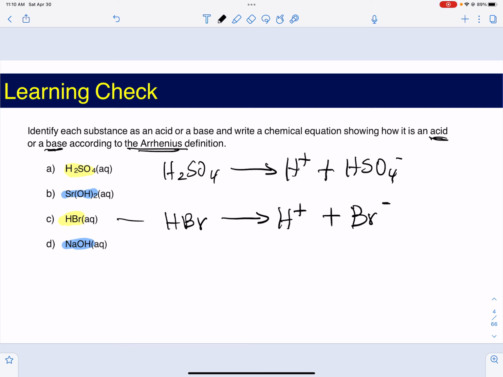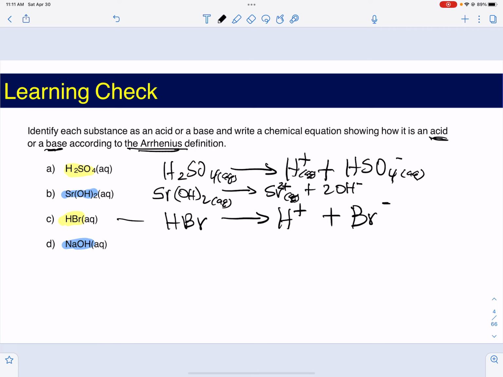What about the bases? Well, according to the Arrhenius definition, the bases produce hydroxide. And one thing, this is aqueous. So all this happens in a solution that contains water. And as before, keep track of those charges.